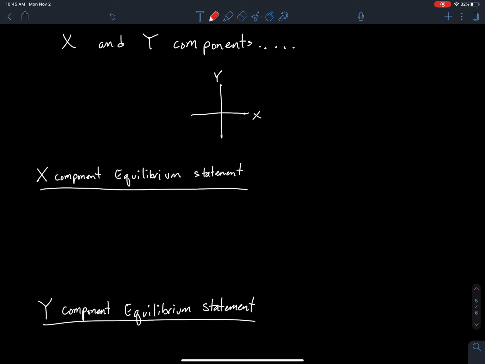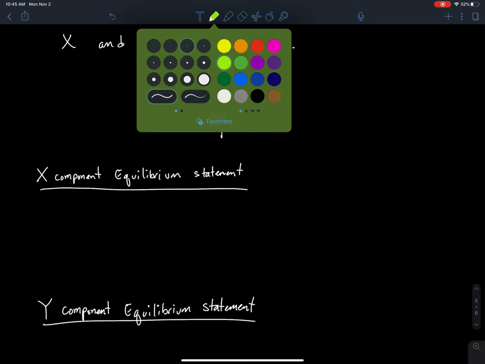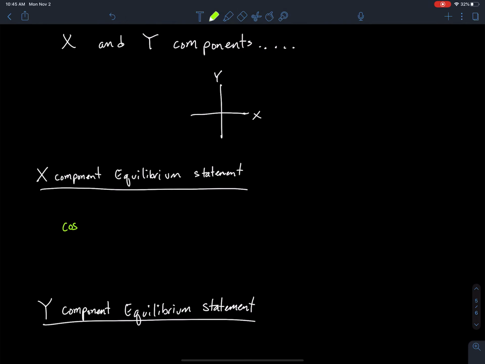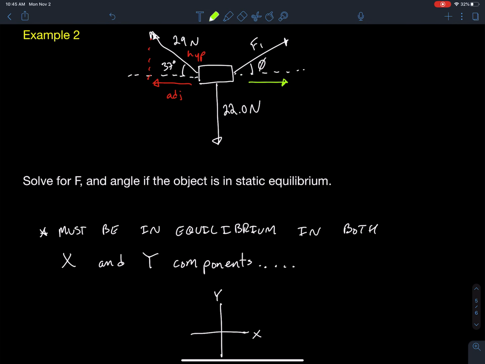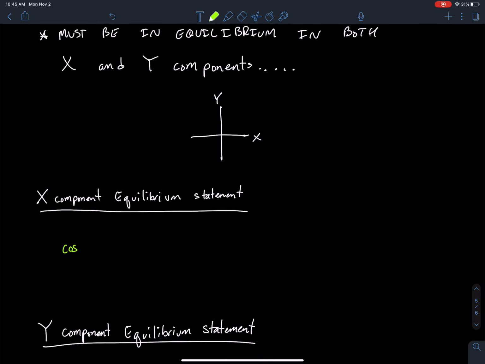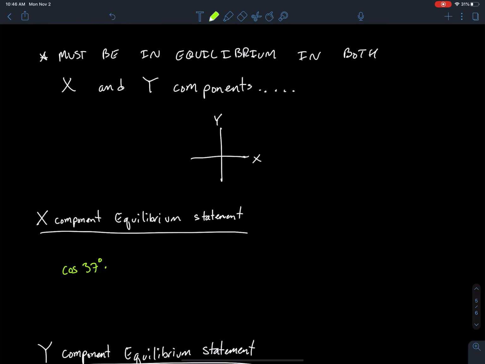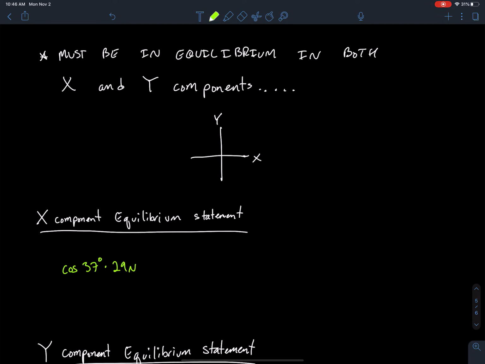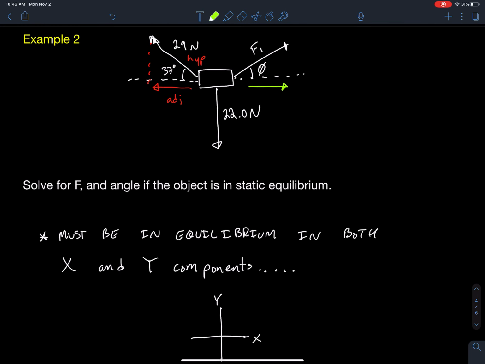So for the x-axis, I would have cosine 37 degrees times 29 newtons. That's going to give me the force in the x direction, which is going to be equal to whatever this force is going to be.